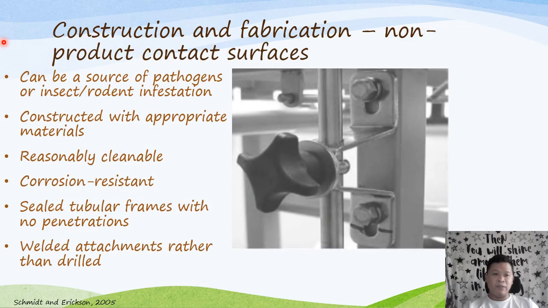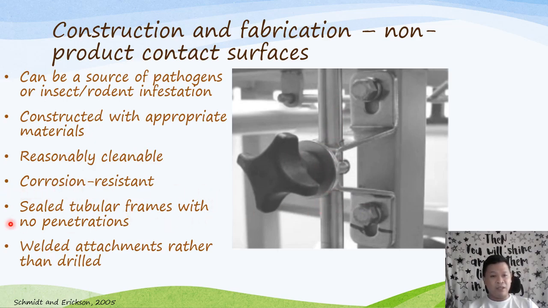And in GMP equipment design, we want to make sure that there are no possible sources of pathogen or insect rodent infestation. So you should construct with appropriate materials that are easy to clean, corrosion resistant. If they're using tubular frames, they should be sealed because these tubes could harbor insects inside. You might have ants or cockroaches there.